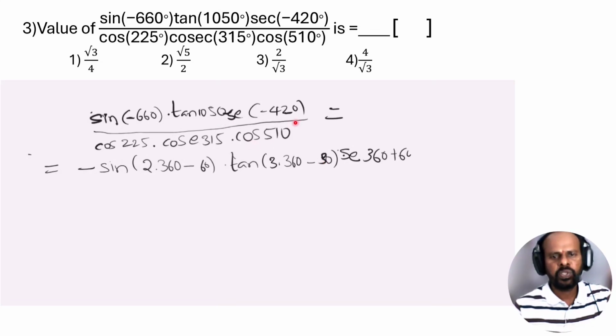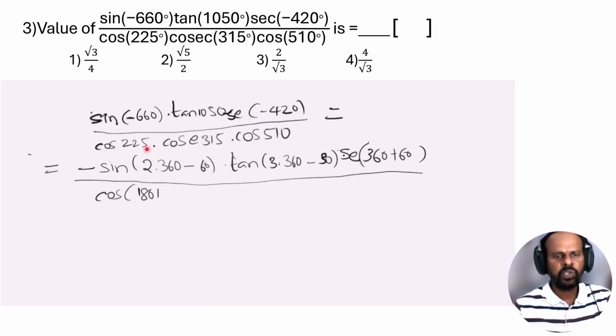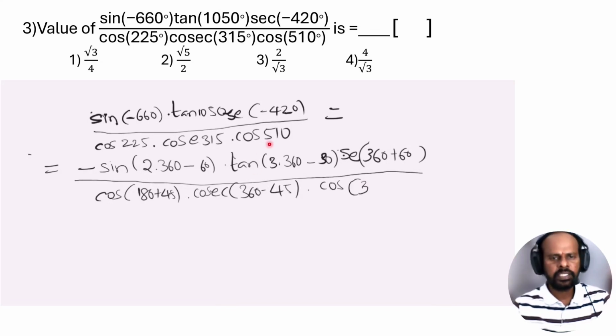And next sec 420 can be written as 360 plus 60, and sec of minus theta in fourth quadrant is positive. Next cos 225 can be written as 180 plus 45. Cosec 315 can be written as 360 minus 45, and last cos 510 can be written as 3 times 180 is 540, 540 minus 30 is 510.